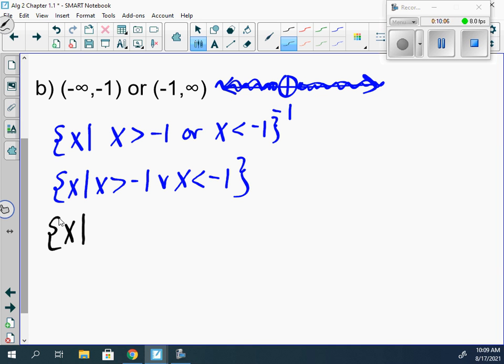So x cannot be what? -1. That is the exact same thing. It's really dealing with the fact that we started off with saying x is all real numbers, for all real numbers x such that x is not -1. That's what that says. They are the exact same thing.